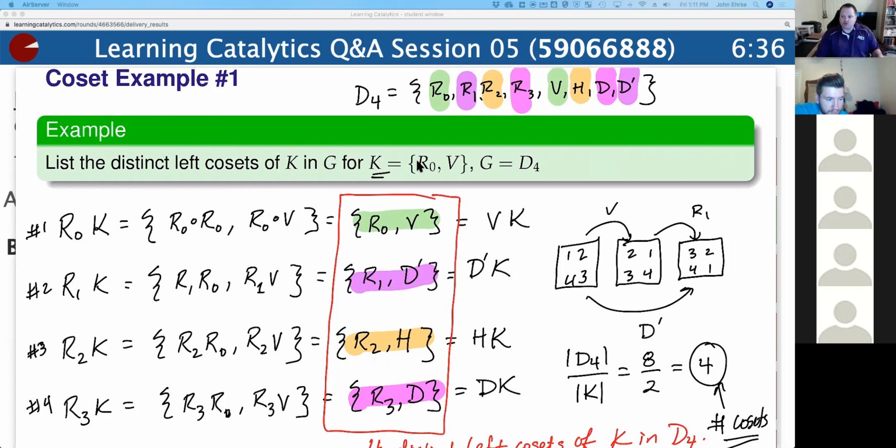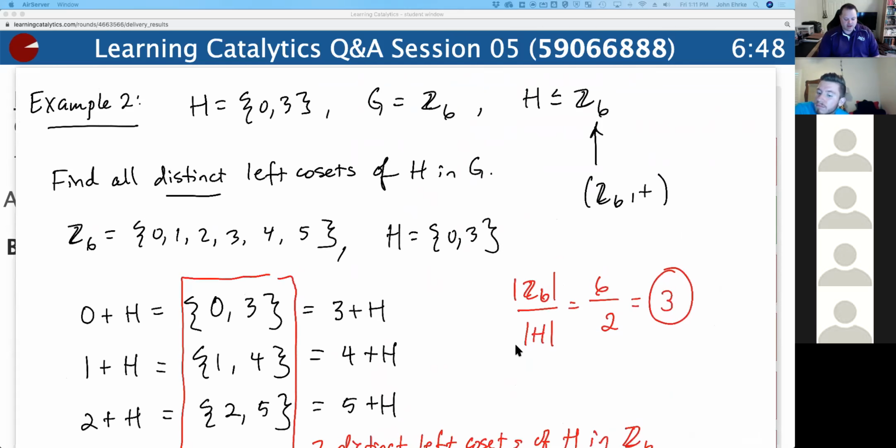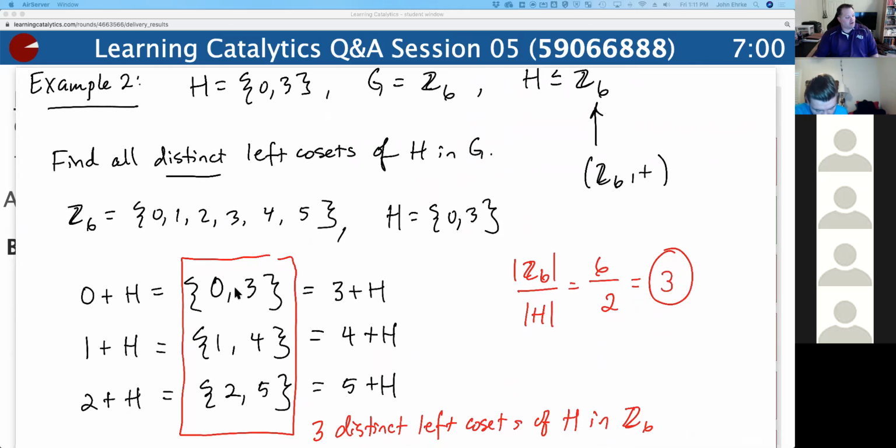You remember from discrete that equivalence relations partition the sets on which they're defined. So since we have a group, we have an equivalence relation that partitions the group into, in this case, 4 left cosets. And in this case, we have partitioned Z6 into 3 sets, or 3 partitions. And notice that they don't overlap with one another. Once you have a coset, it doesn't overlap with any of the other distinct cosets here.